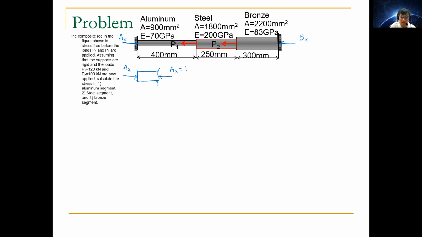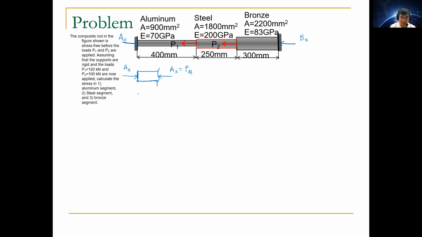So let's say that would be P sub aluminum, right? Since they are equal, we have to represent AX in terms of the force in aluminum. So let's try to make it AX first in all of the segments.